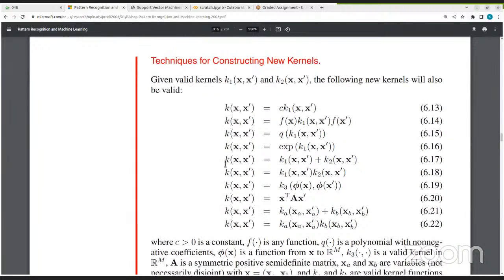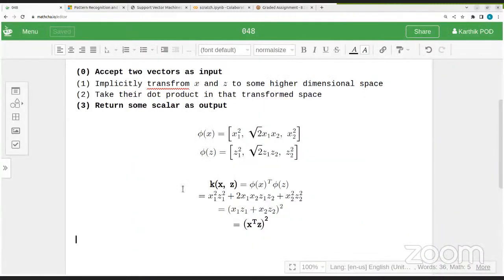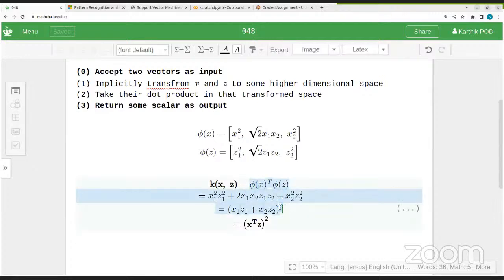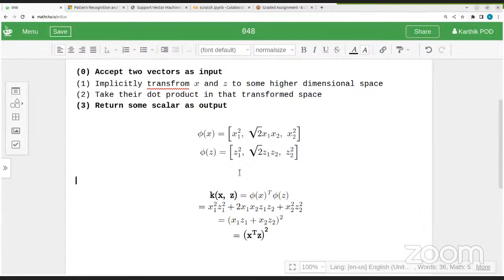So, sir, the end product that we got in the proof, this one, x transpose z whole square, this end product is my kernel, no, sir? That is your kernel, yeah. So all this is just to prove that this is a valid kernel. So steps 2 and 3 are just to prove the validity of the kernel, right?